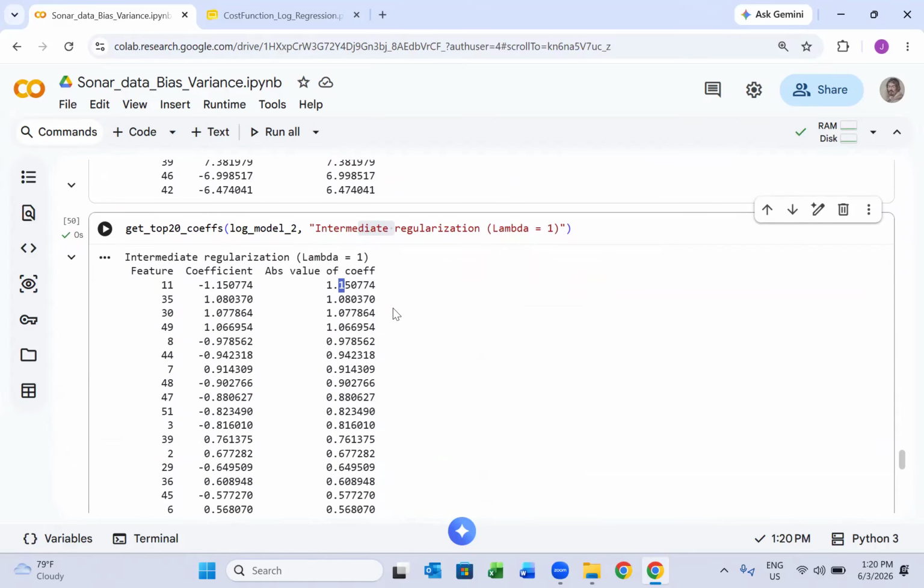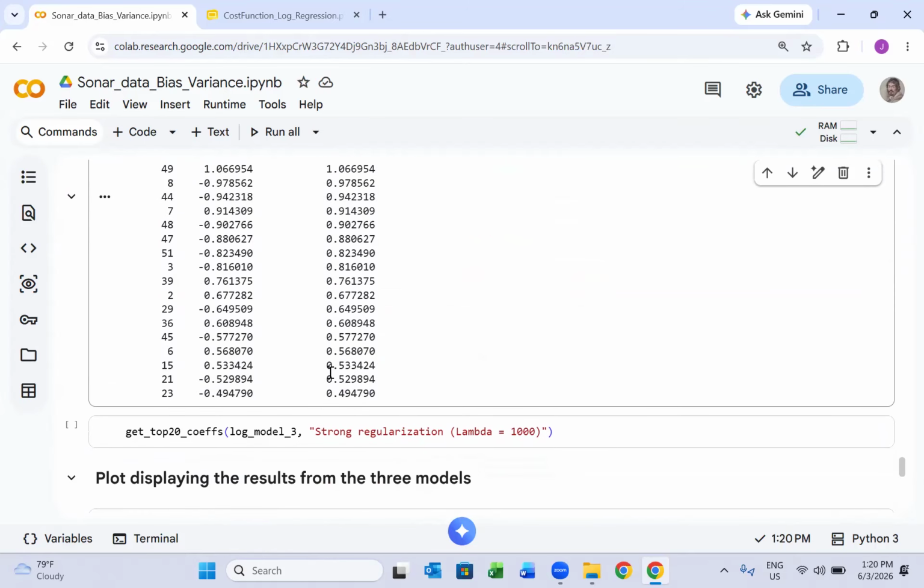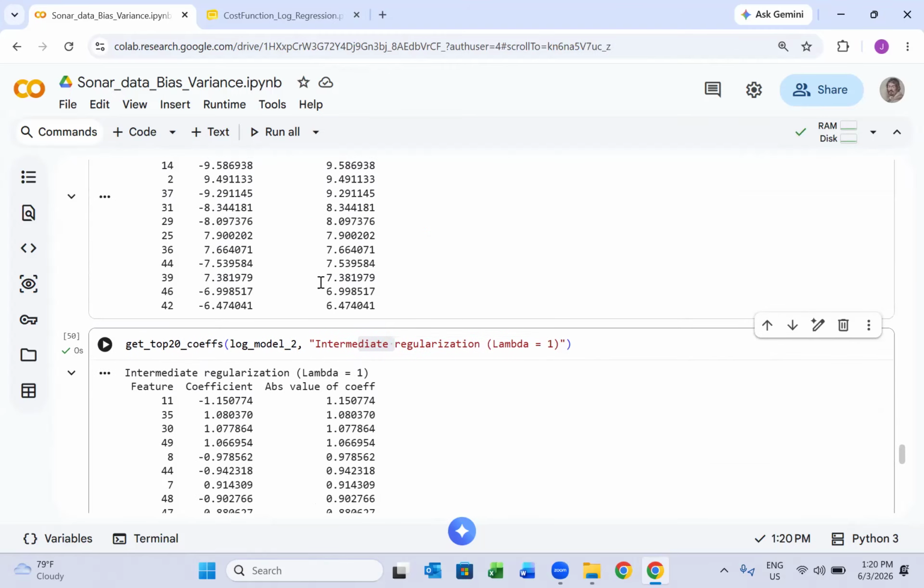And when we look at features with ranking close to 20, now the weights are around 0.5, whereas before the weights, even for this feature, were above 5, okay? So we have seen a reduction in the weights importance of all the features, okay?